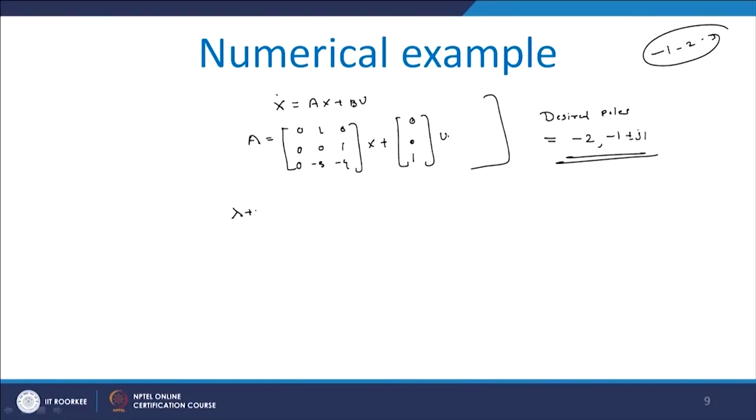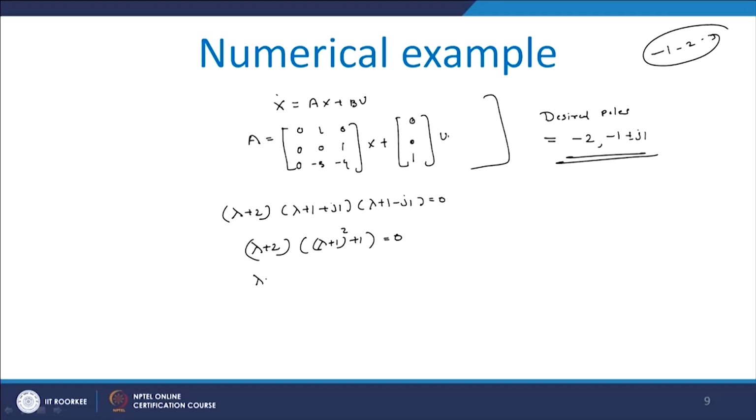So for the desired poles we solve the equation as (lambda plus 2)(lambda plus 1 plus j1)(lambda plus 1 minus j1) equal to 0. Then (lambda plus 2)((lambda plus 1) whole square plus 1) equal to 0.